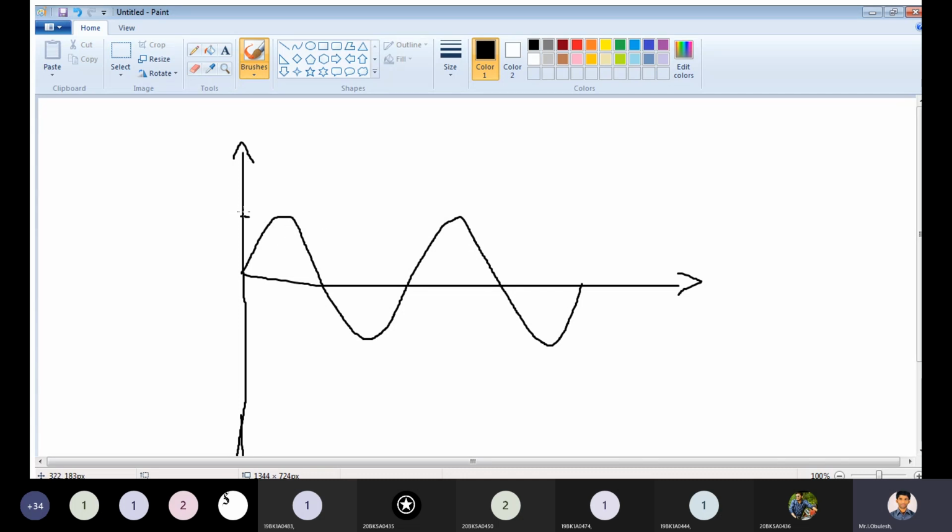See, this is the VM, the amplitude of the modulating signal or input signal. The next is the upper threshold voltage, VUT. Then in the down side also we have minus VM. This is the input signal. Here we have the lower threshold voltage, VLT.